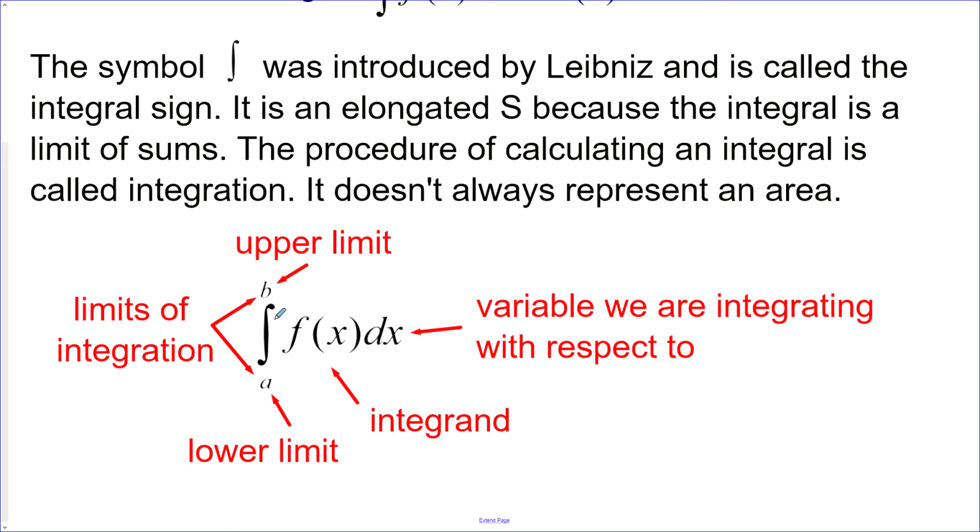It tells us we're integrating all of this stuff and stops here. And this also tells us what variable we're integrating over. So once we start doing double integrals, and we'll have the dx and say dy going on here, this will tell us which one we're doing first, or which integral is inside.